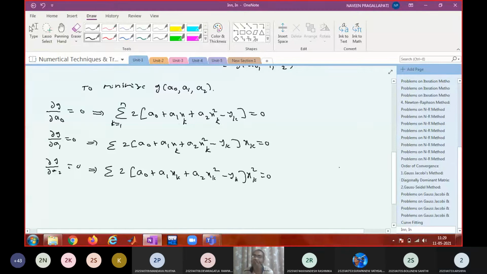Am I right? So when I rewrite this equation and divide by 2, what do I get? Sigma a0 is n a0.